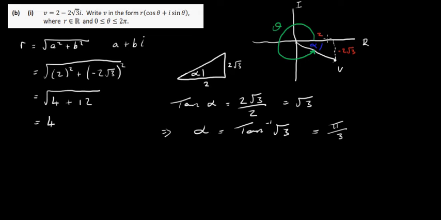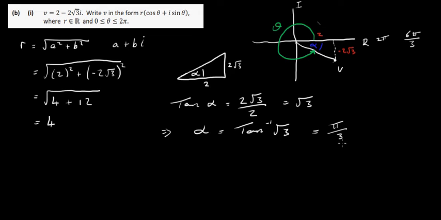Now, if you look at the entire circle here, going all the way around is going to be 2 pi. In terms of some multiple of pi over 3, it's actually going to be 6 pi over 3. 6 divided by 3 is 2, so this is 2 pi. And why did I say 6 pi over 3?